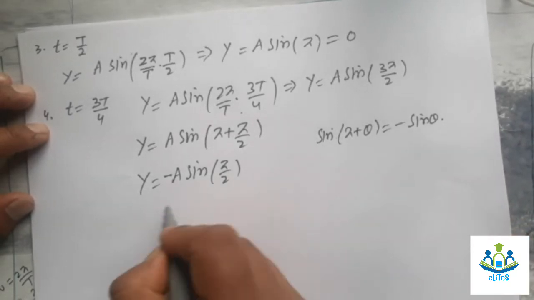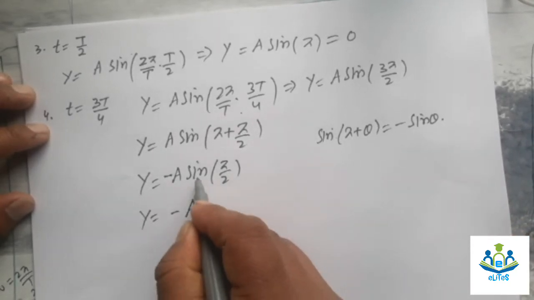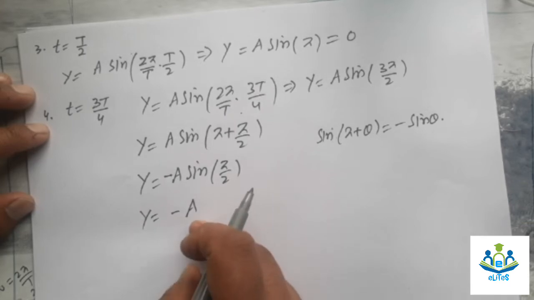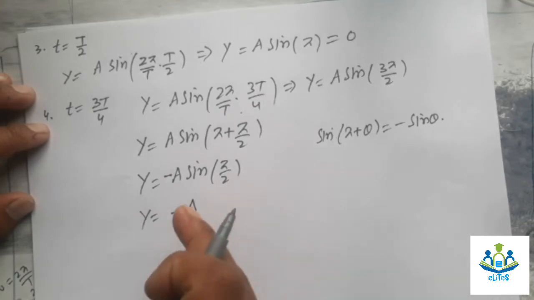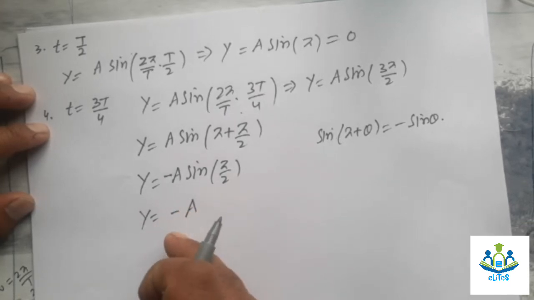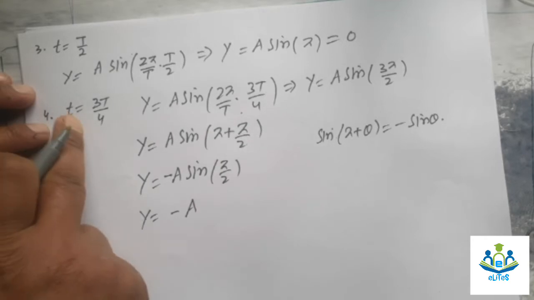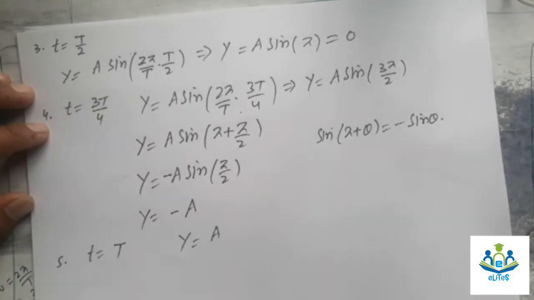So it will be minus a, because sine pi by 2 is 1. The amplitude will be maximum but in the opposite direction when it is at the other extreme position.